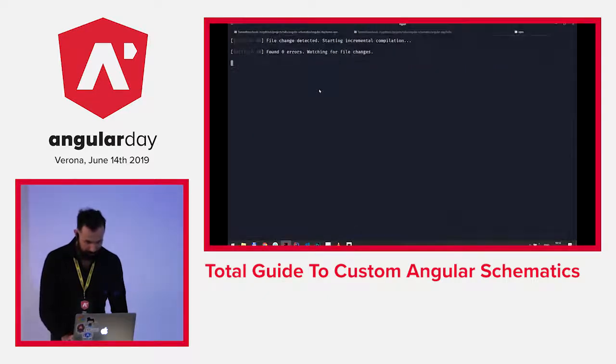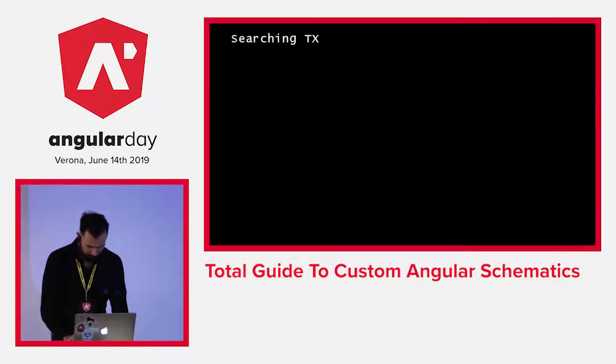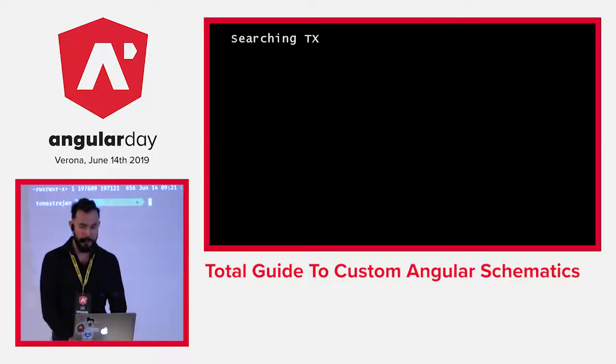So let's save this, and now we see compilation was successful. So let's try to run this schematics again. And as we can see, it says it created the hello file, so that's what we wanted, but actually when we list the contents of the directory, we cannot find the hello file just yet.